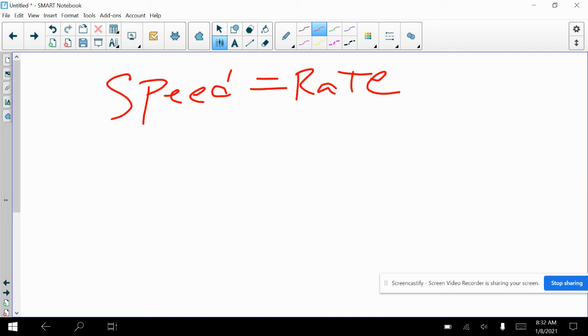Now, I don't want to get into too much algebra here and get your hamster all tied up in your noggin. Later, I'll show you how this works. But our rate formula is rate is equal to distance divided by time. You're going to need to know that one as well.